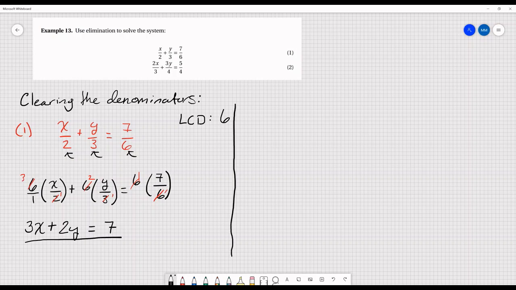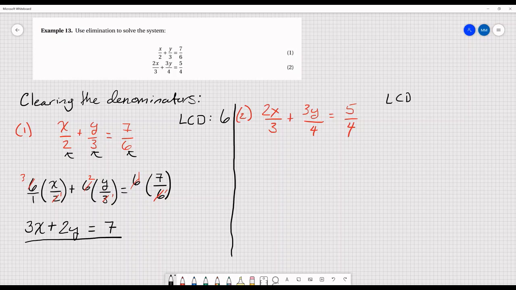I'm going to do the same thing to the second equation. Here comes equation 2. I have 2x divided by 3 plus 3y divided by 4 is equal to 5 over 4. My denominators are 3 and 4.